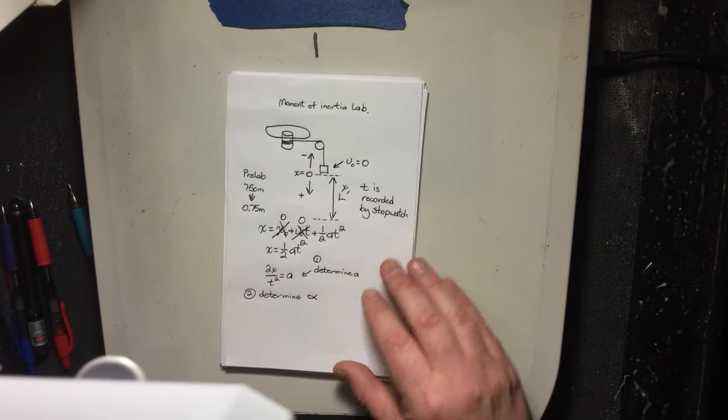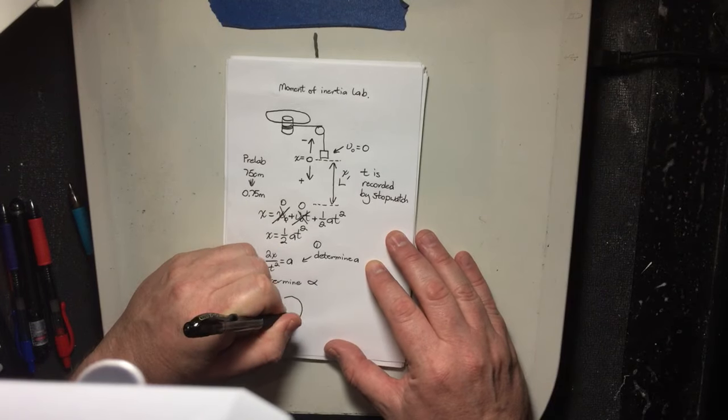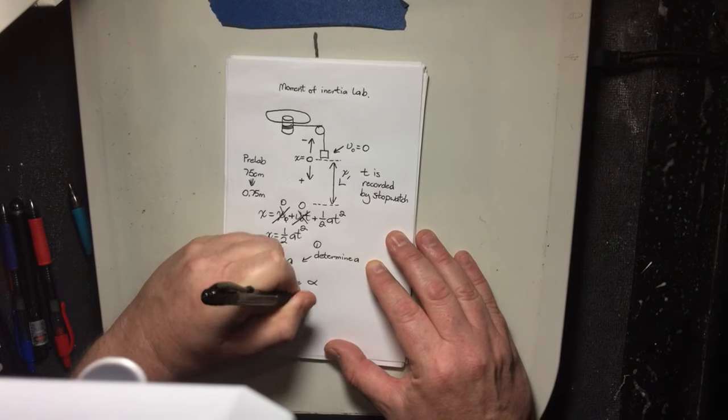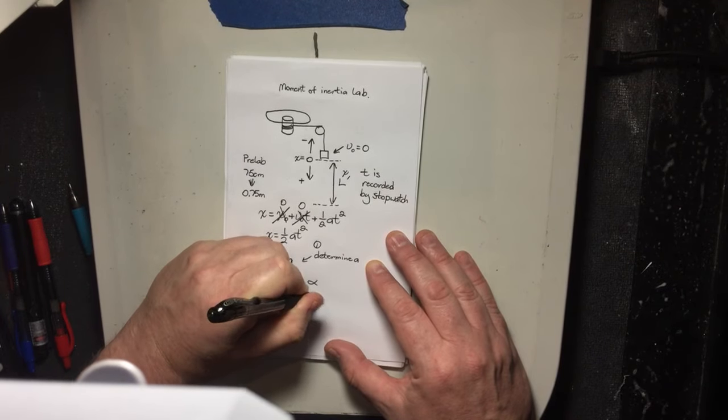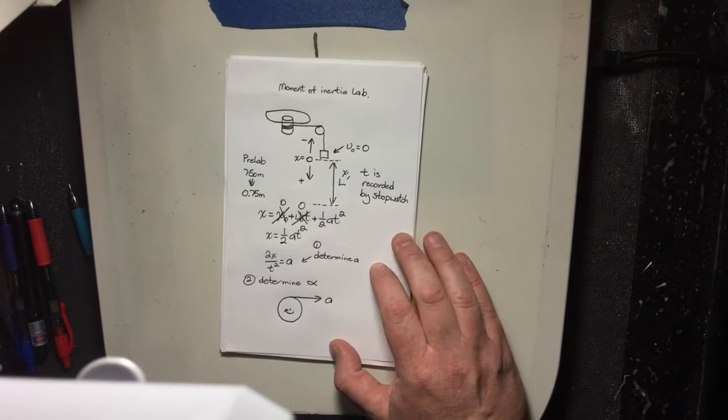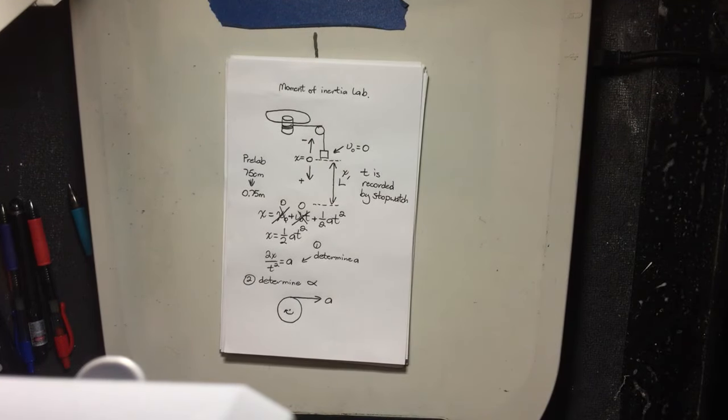For alpha, the string is being pulled off that spool at a particular rate, and that rate is increasing with the value a.